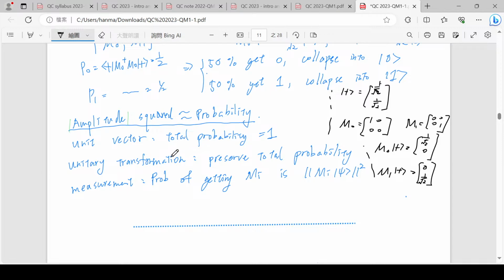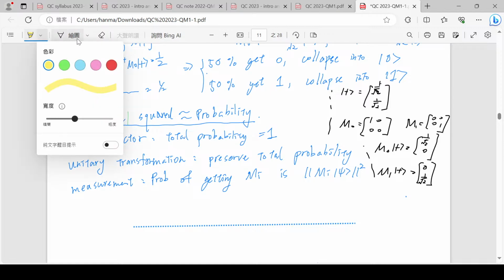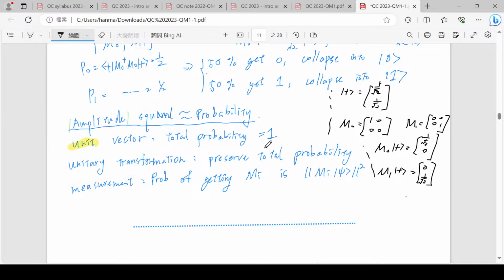So our state in our physical system should be a unit vector, and this length 1 corresponds to the total probability of your system being 1.